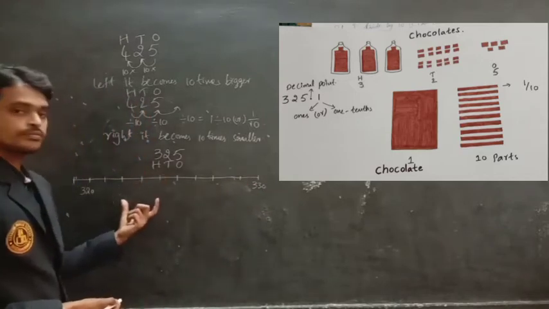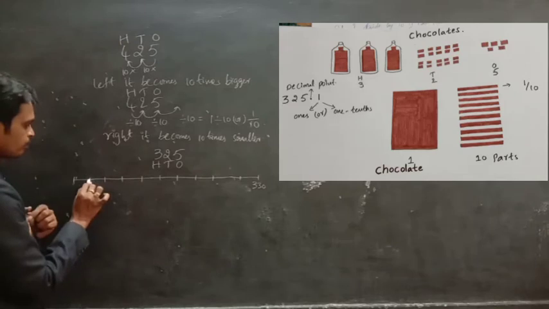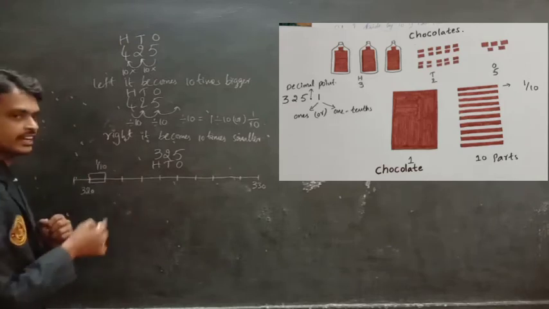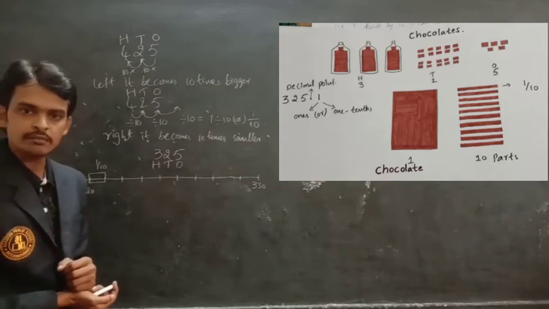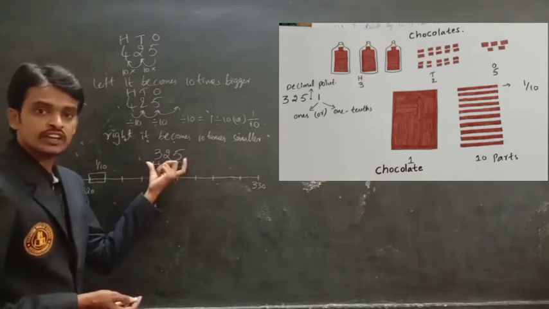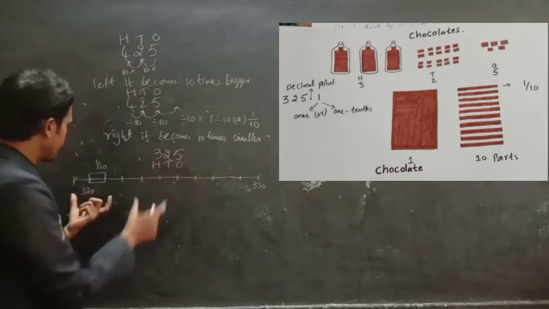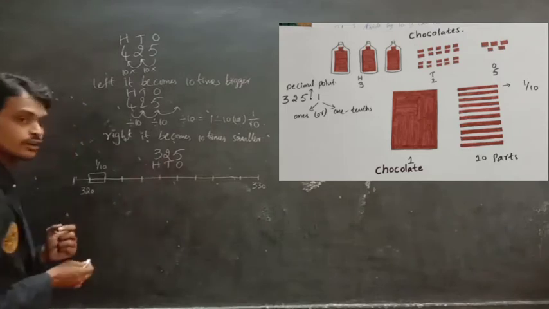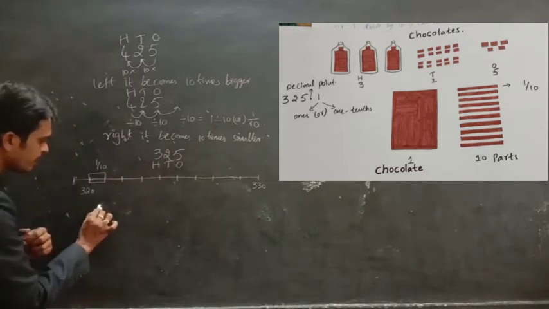So in this, one part will represent 1 by 10. So let us take 325. This 325 is between 320 and 330. Let us take this 325 on the number line.